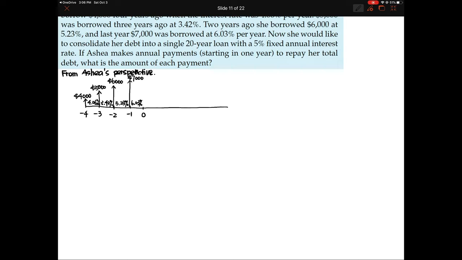After that, Ashia's plan is to repay this debt. She wants to pay the same amount as annuities every year for 20 years. So after the present time 0, you're going to have year 1, year 2, 3, 4, 5, 6, until 20, and every year she wants to pay the same amount.